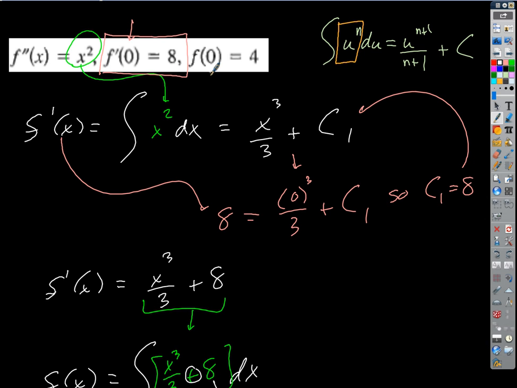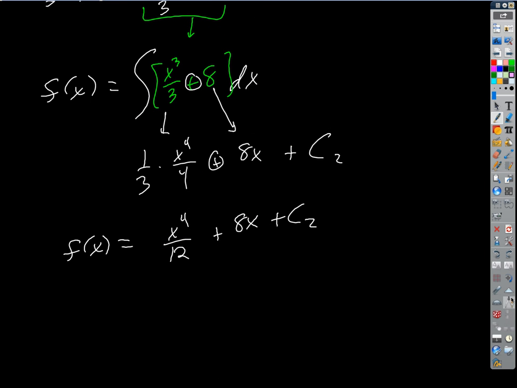But now we've got our other initial condition, which is an initial condition for the function. F of 0 equals 4, right? So this guy. If we know f of 0 equals 4, we can plug that information in and find C2, right? So we know f of 0, if I plug 0 in, I'm getting 4.